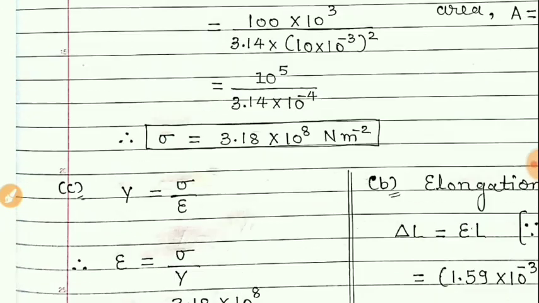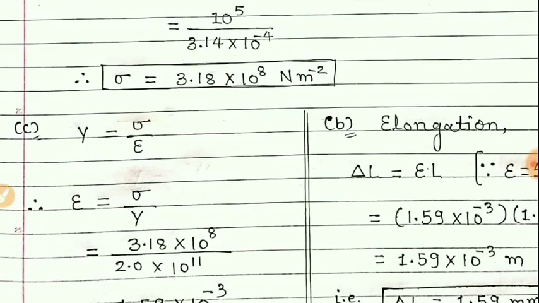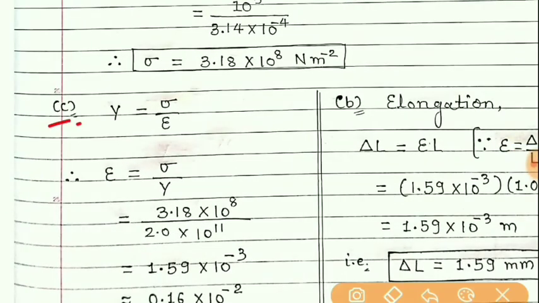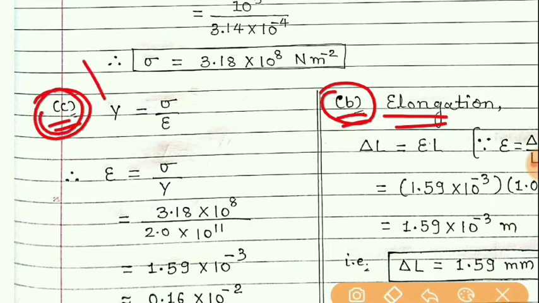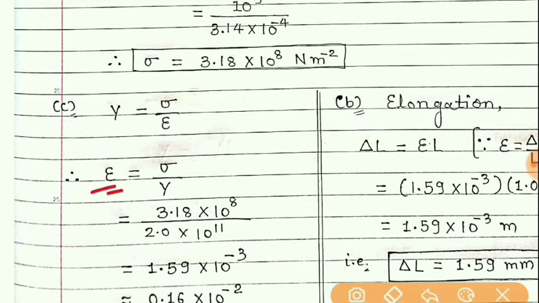Now, first we will find C and then B, because to find B easily, we need the value of this epsilon. So now, first we will find the strain.